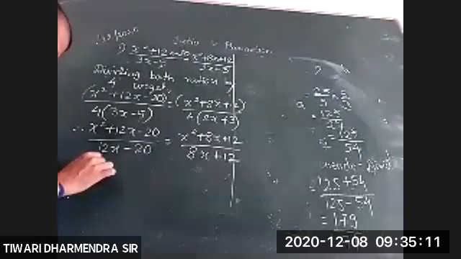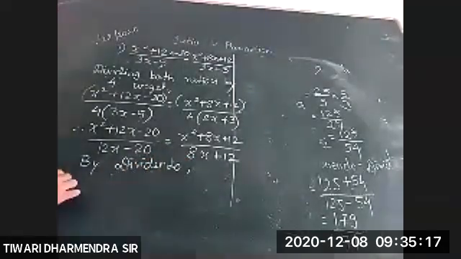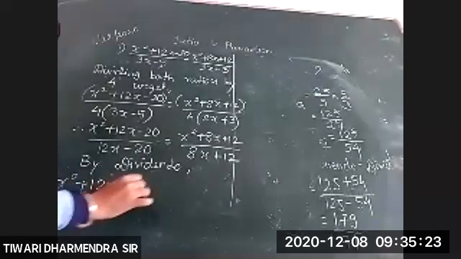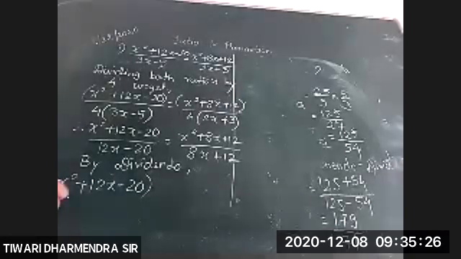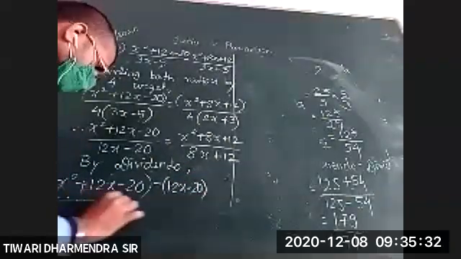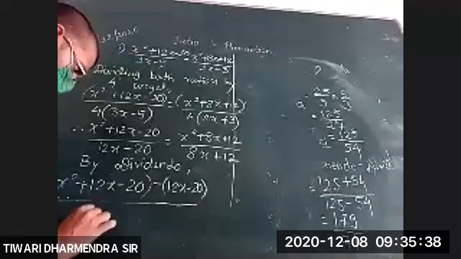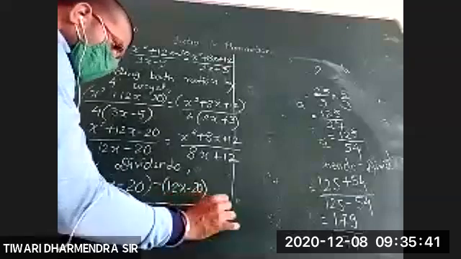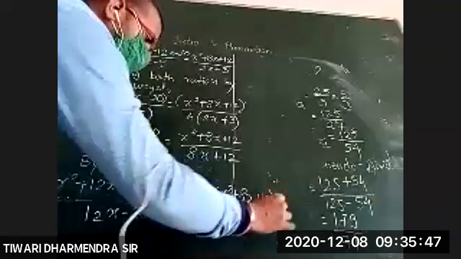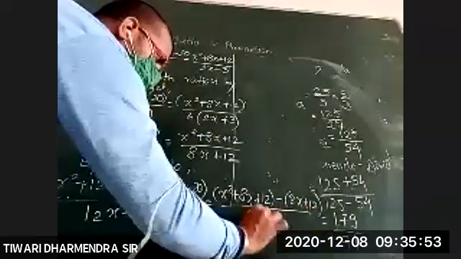So by dividendo, we get (x square plus 12x minus 20 minus 12x minus 20) divided by 12x minus 20 is equal to (x square plus 8x plus 12 minus 8x plus 12) divided by 8x plus 12.